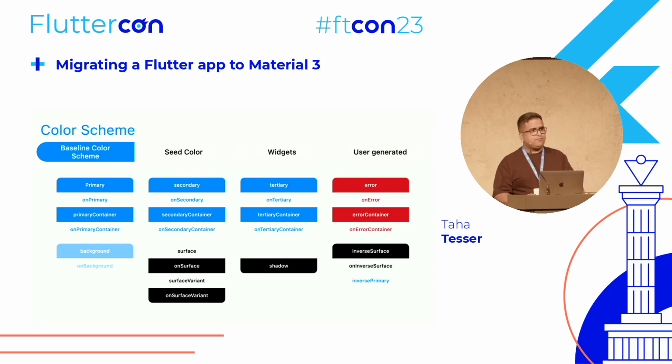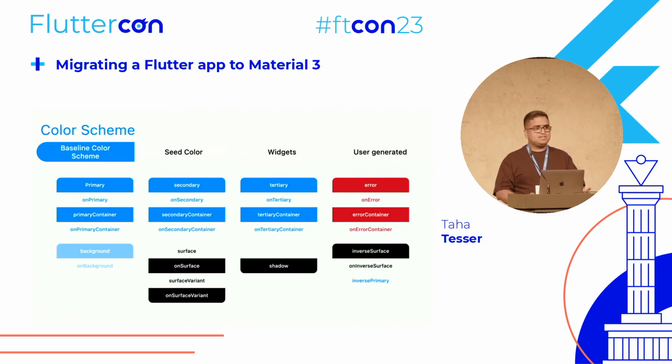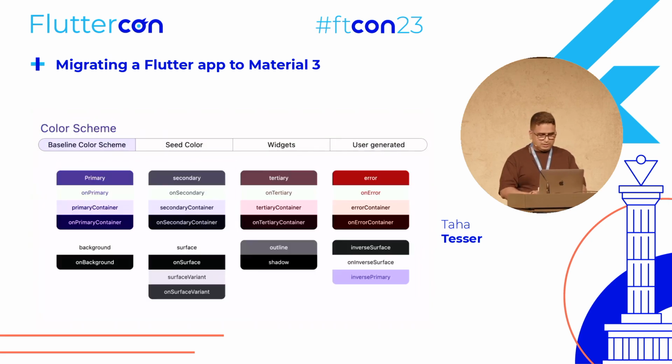What happens if I view the same colors in Material 2? You can see it doesn't look good. All the colors are matching. This doesn't look as pretty as Material 3. And there is a segmented button on the top. I forgot to mention that. In Material 2, the segmented border is gone. Why? Because if you look at the Material 3 color scheme, there is the on-surface color and surface color.